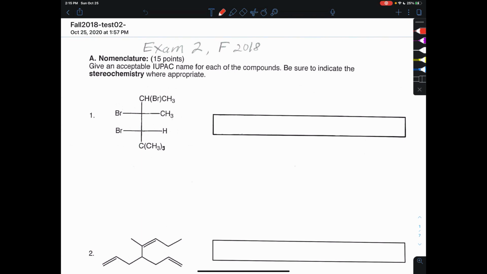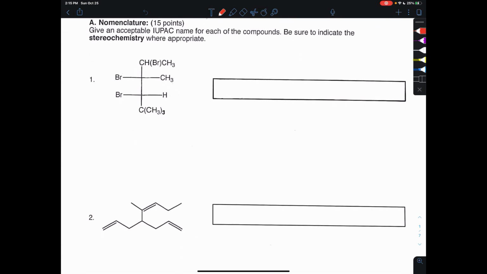So we're gonna start with nomenclature. First things first, in the first one we see this is a Fischer projection. The most important thing to know about Fischer configuration is that the groups that are on the sides are on wedges, and the groups that are on top are on dashes.